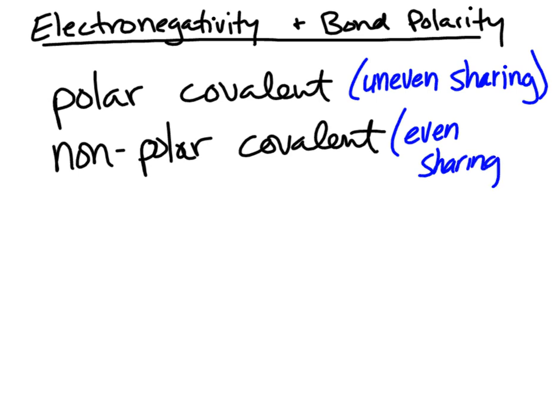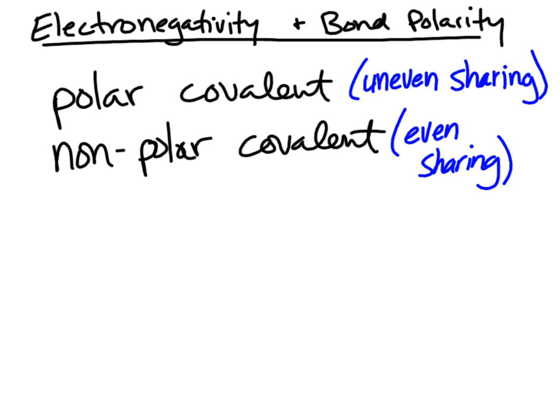The way I usually like to put electronegativity is atoms that have high electronegativities are very greedy, and they don't like to share very well. They'll still be willing to share just to appease mom and dad, but they don't like to share very well. So the polar covalent would be uneven sharing, and non-polar covalent would be an even sharing.